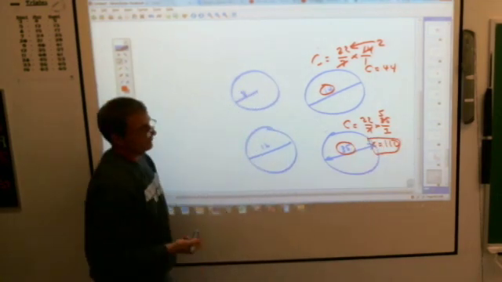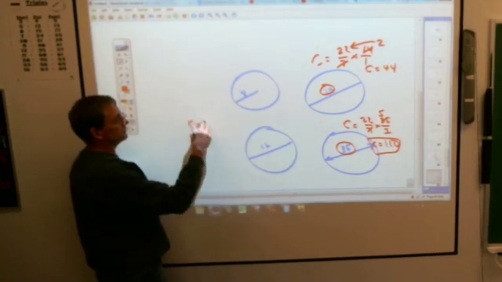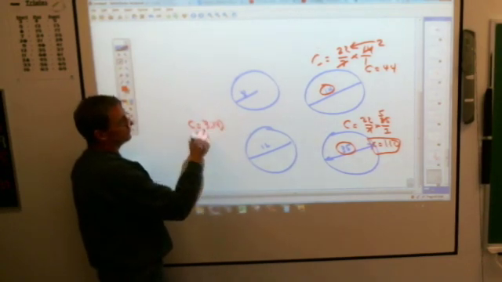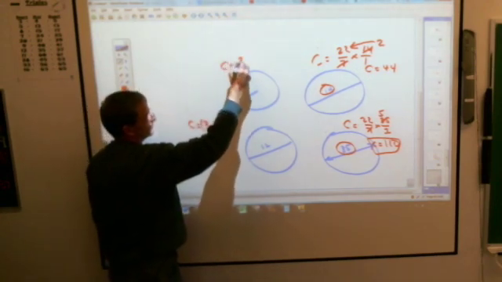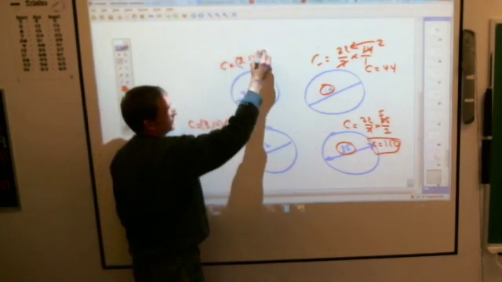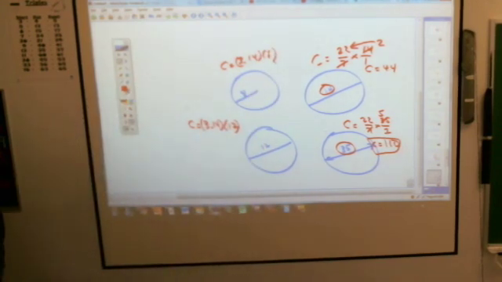Over here, the fraction's not going to do you any good, you're going to get a messy thing, so you would use circumference equals 3.14 times 12. And this one you would do circumference equals 3.14 times 8, just because it's probably easier than the fraction, you'd get a cleaner answer. Does that seem blindly obvious to anybody?